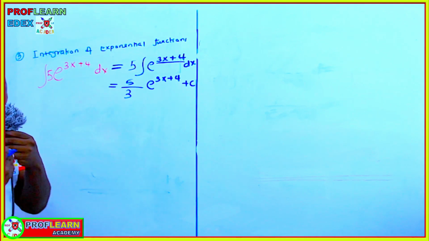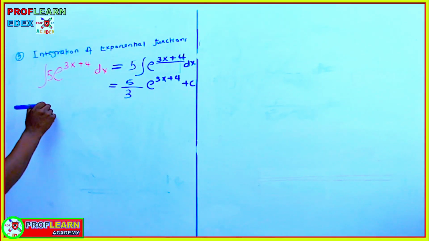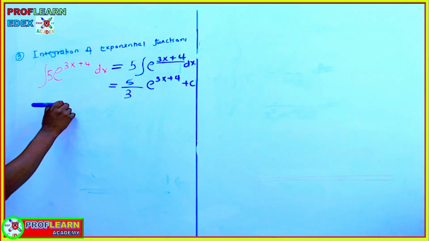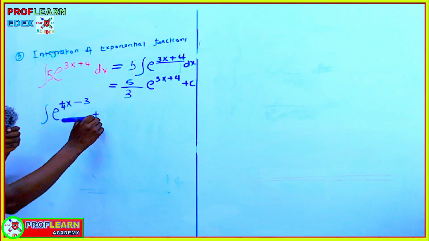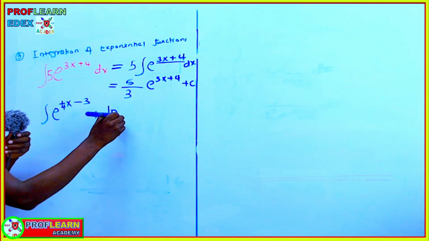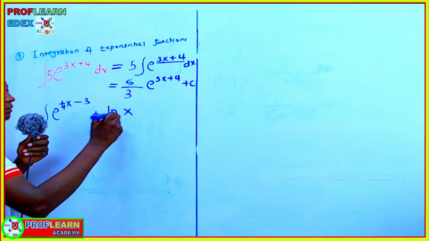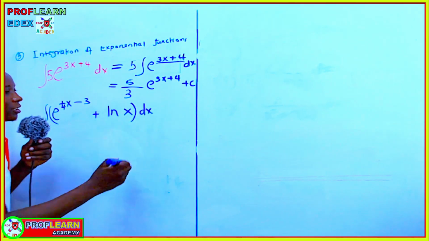So if it's combined with other kinds of expressions, if you are having e to the 1 over 4x minus 3 plus ln x, you are integrating this with respect to x.